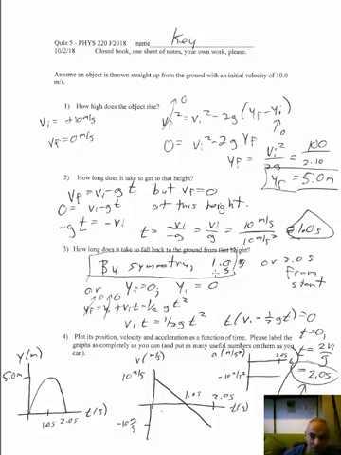If you chose not to apply symmetry or didn't realize you could do that, one way to do this would be to figure out how long it's going to take to go from this height here, the initial height, up and then back down to the end there. And in that case, I would say the initial height is 0 and the final height is 0.